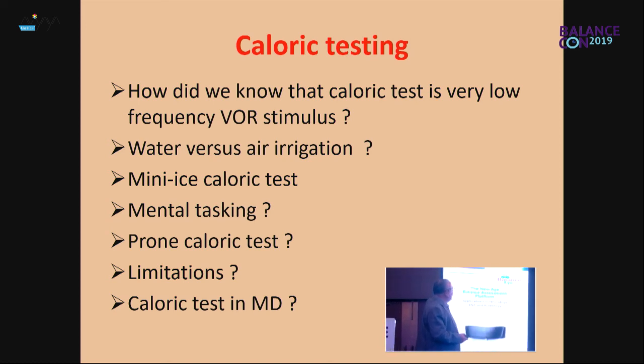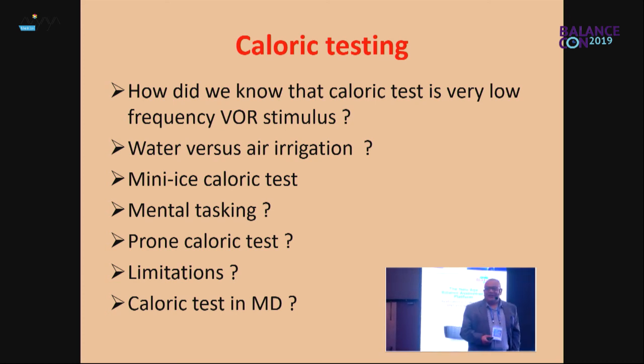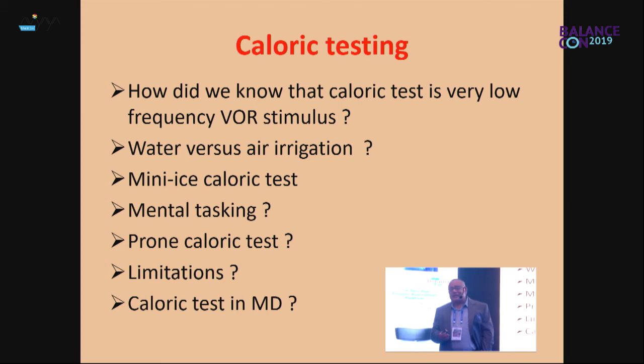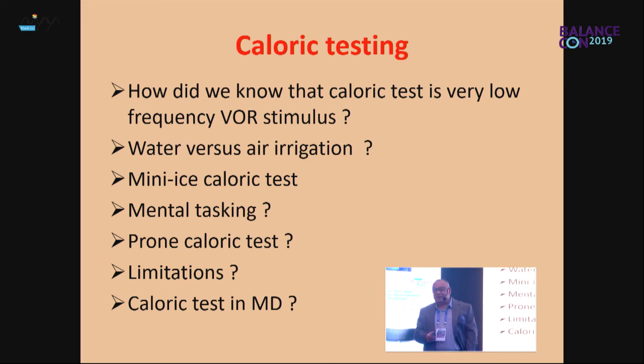How do we know that caloric test is a very low frequency vestibular stimulus? Just historical. It's always written in the box that it's 0.3 hertz frequency. You know where that number came from? Simply, it came from the duration of the caloric response.